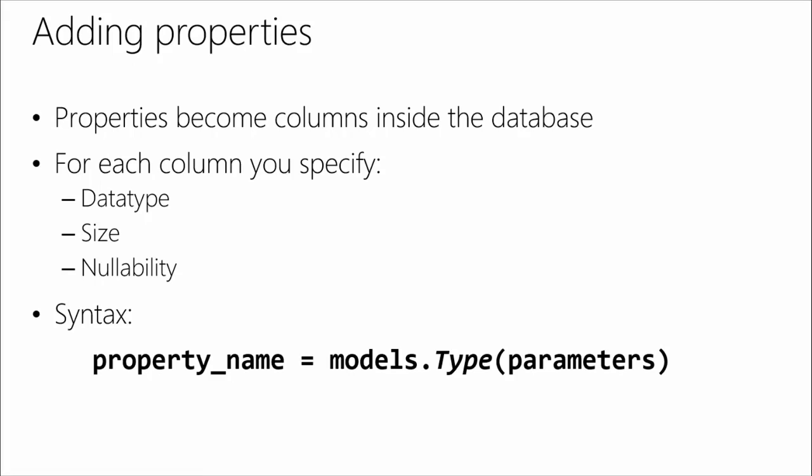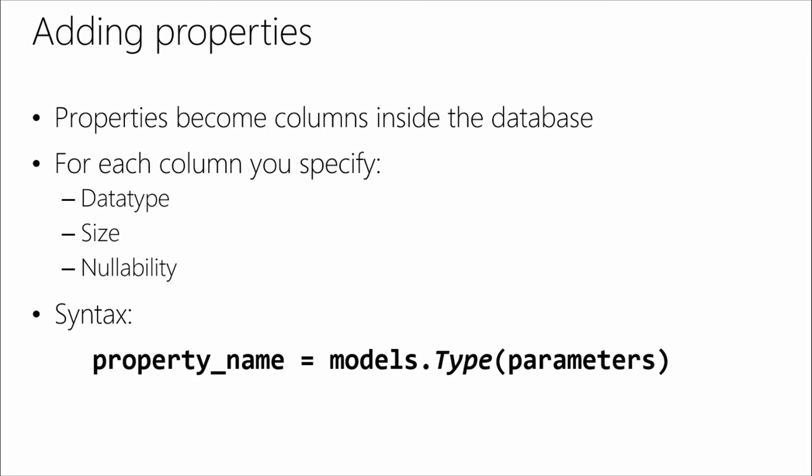Well, if we're going to create a class that corresponds to a table, we're going to have to specify the same things. And the syntax for doing that, basically, is you give your property name, and the property name is basically going to be your column name. And then you actually say the word models. So the word models never changes because we're using the models package here. And then .type, and type is actually going to change depending on the data type of the column or the property we're specifying.